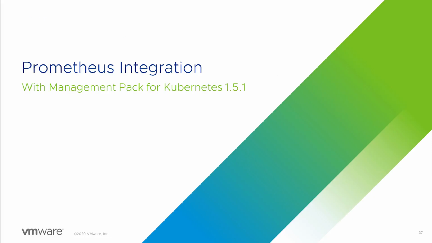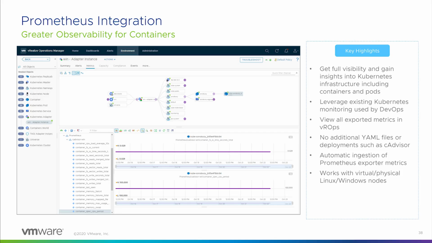Now, one of the biggest things that we've introduced in the management pack for Kubernetes, starting with version 1.5, is integration with Prometheus. If you're not familiar with Prometheus, it's one of the most popular metric collection utilities for Kubernetes. The cool thing here is that we can leverage those metrics that your developers and your application teams are already collecting.